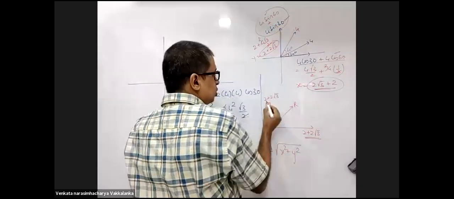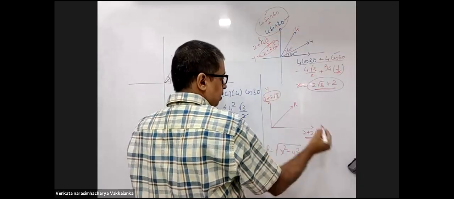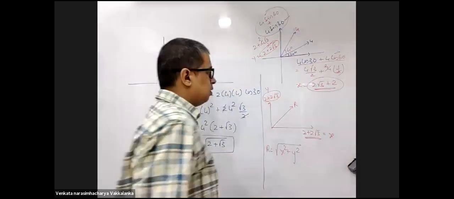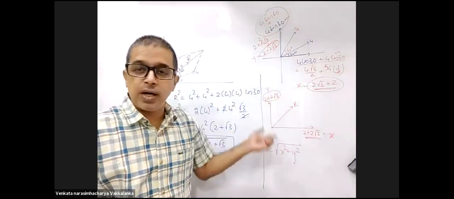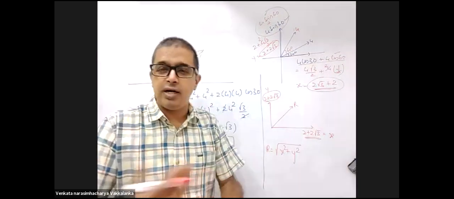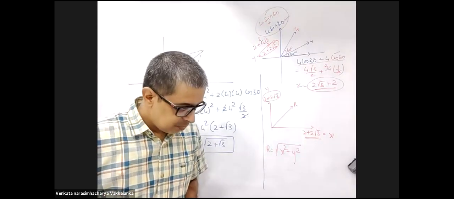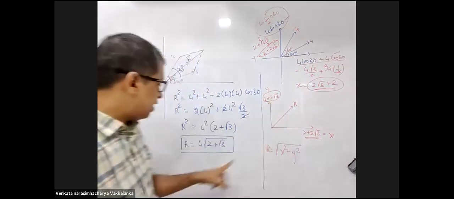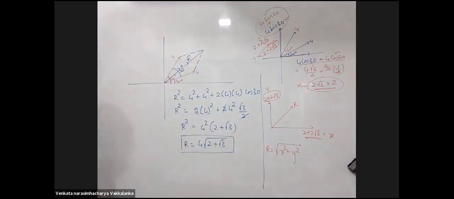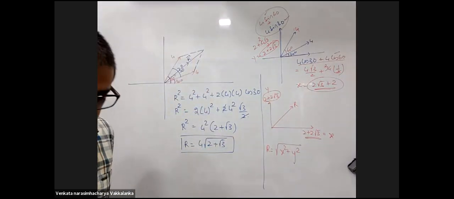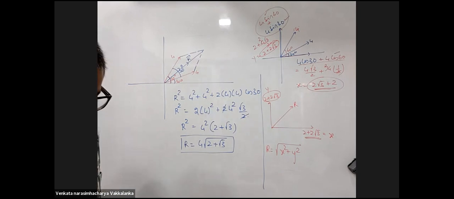Similarly, I added both and got the y component. Now I have 1 along x, 1 along y. What is the resultant? Root over x square plus y square. Okay, sir. Thank you, sir. Take the resultant and verify if you are getting this or not.